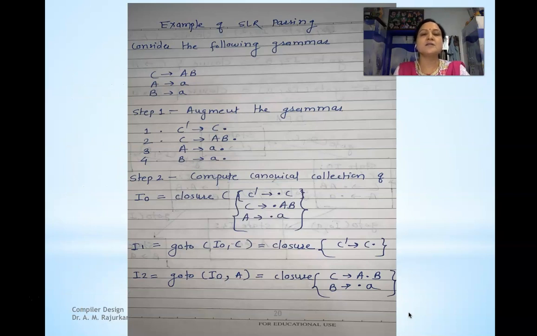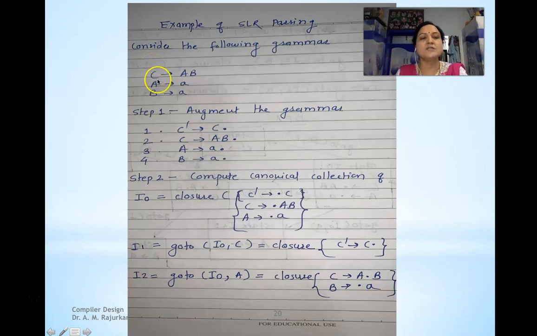So let us see an example of SLR parsing. For understanding, we have taken a simple example. Consider the following grammar: C tends to AB, A tends to a, B tends to a. The given grammar has 3 productions. What is the first step of SLR parsing? Augment the given grammar. How do we augment? By adding one more production above the start symbol.